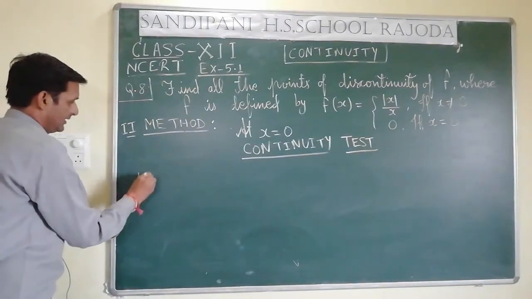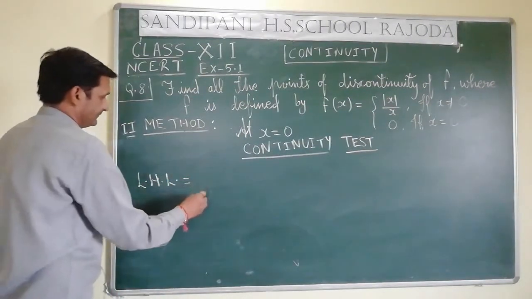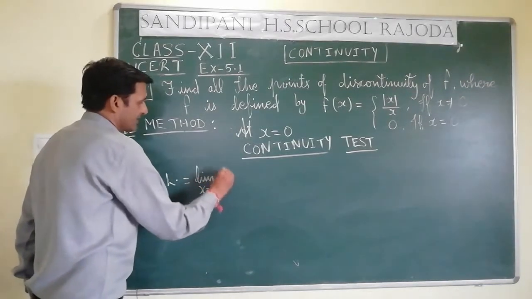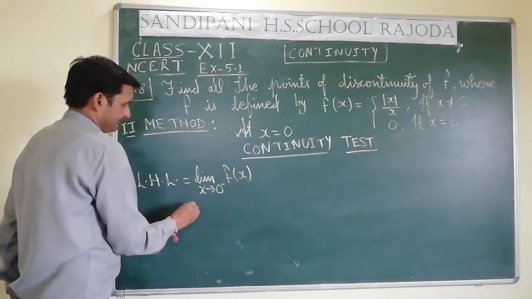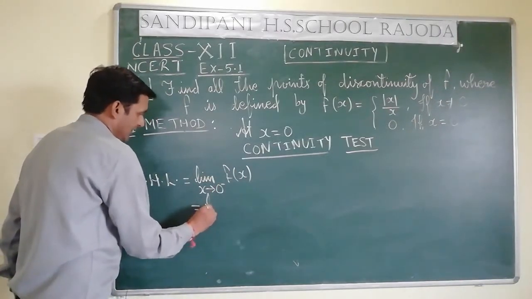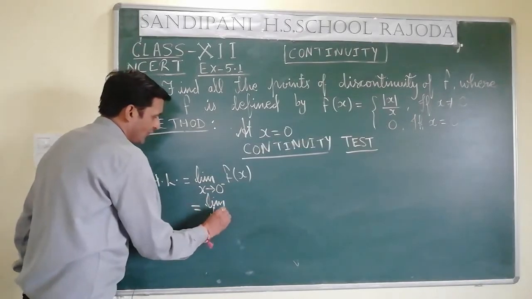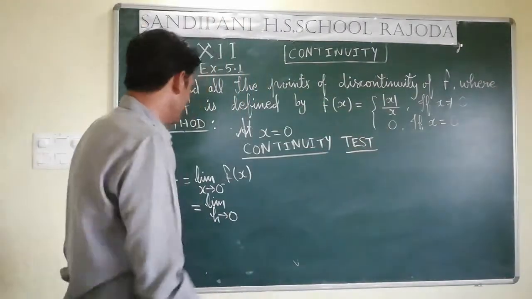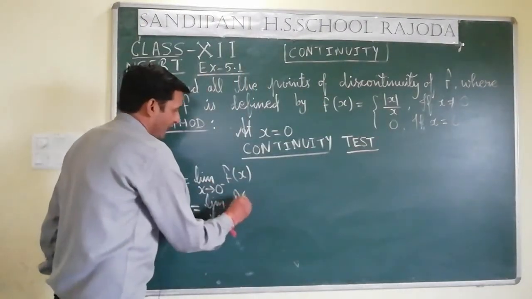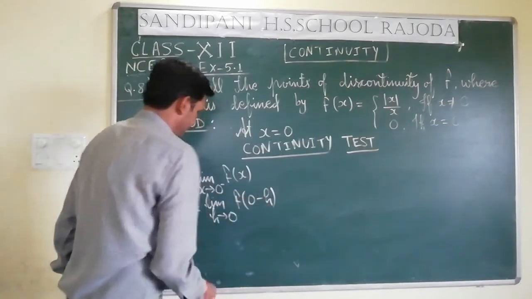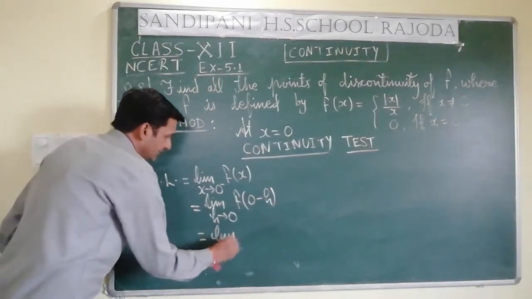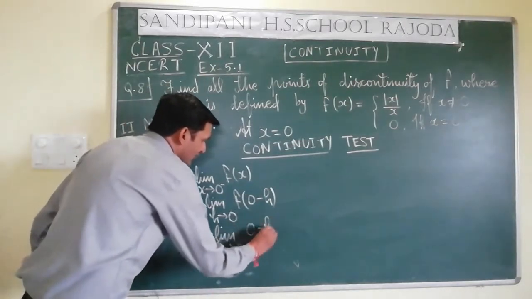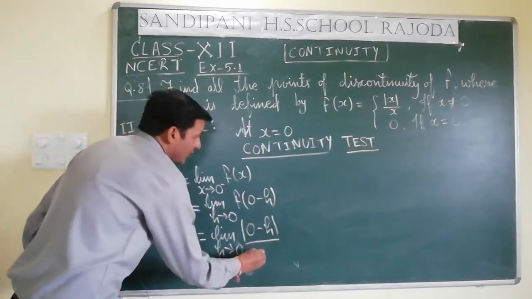So, let us take LHL, that is equal to limit x tends to 0 minus f of x. It is equal to limit h tends to 0, which is our traditional method that I have told you already in our previous lectures. f of x is equal to f of 0 minus h, and it is equal to limit h tends to 0, 0 minus h mod of 0 minus h upon 0 minus h.